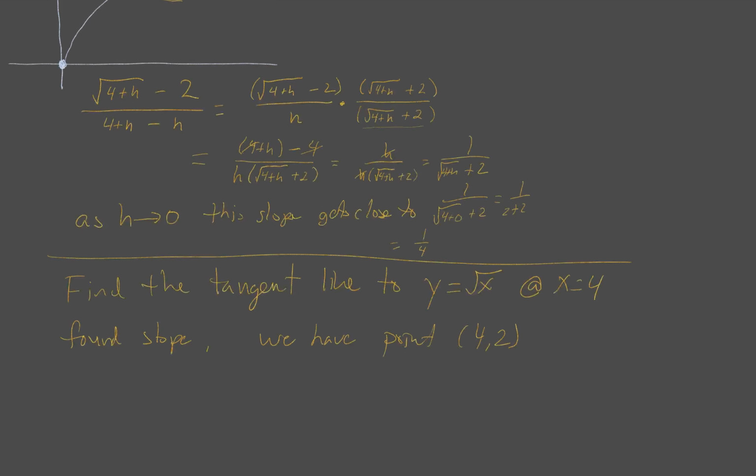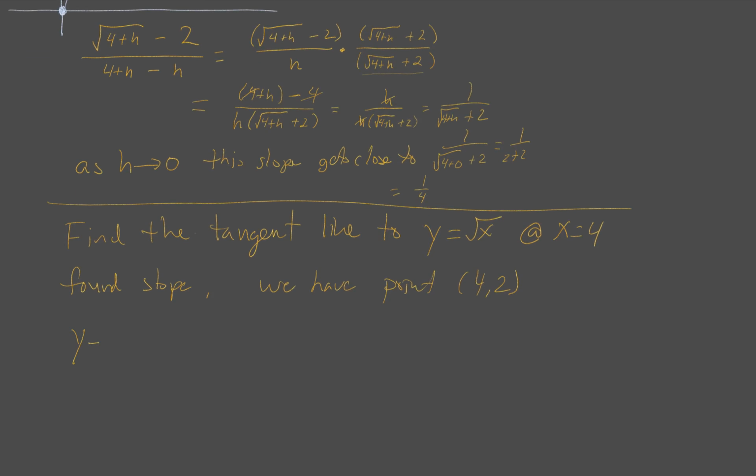To find the line, I'm just going to use point-slope form. So y minus y1 equals m times x minus x1, right? And so I've got y minus 2 equals 1/4, that was my slope, times x minus 4. So y equals 1/4 x minus 1, and then I'm going to have to add 2 to move this 2 from that side to this side, and the 1/4 distributed to both those pieces, right?